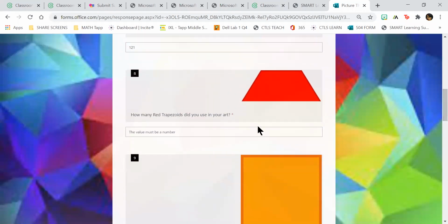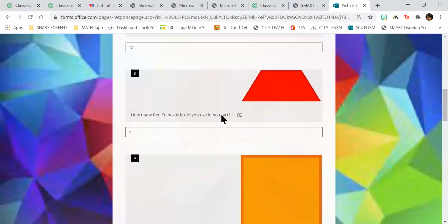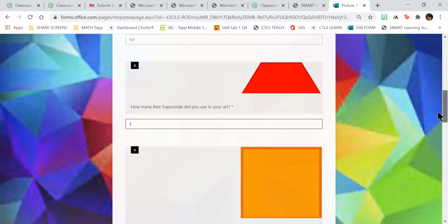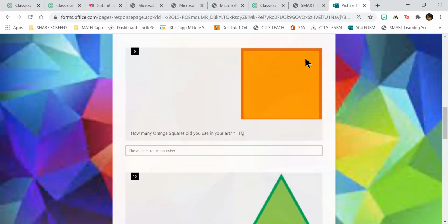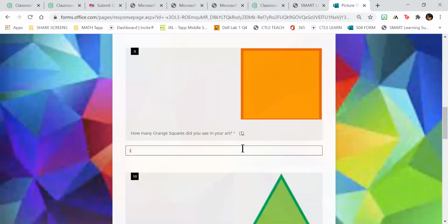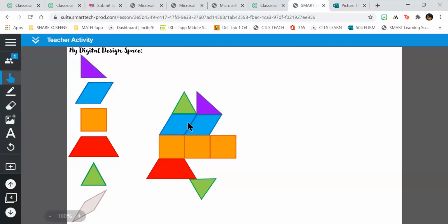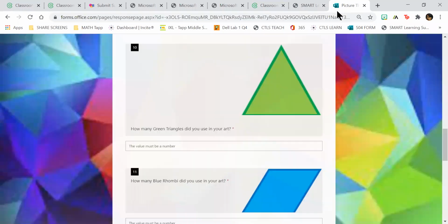Okay. Now I'm going to come down here and it asks me how many red trapezoids did I use in my art? So I see I only use 1. So I'm putting 1. Then it said, how many orange squares? 1, 2, 3. How many green triangles? 1, 2.